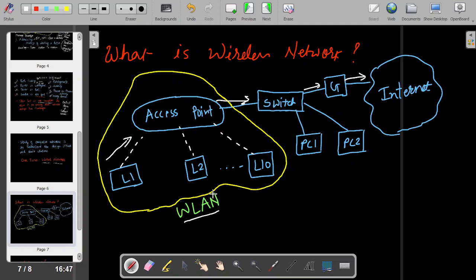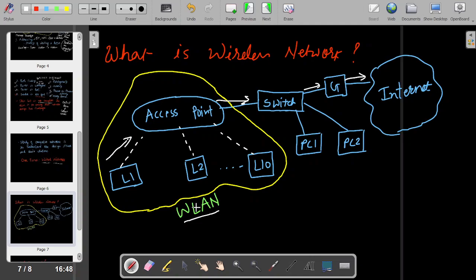It is often very easy to set up a wireless LAN because there is no need of wires. Only thing is you put up an access point, connect it to the switch, and then laptops and mobile phones can connect to the access point wirelessly. So it is easy to set up, and it is less costly compared to wired LAN.